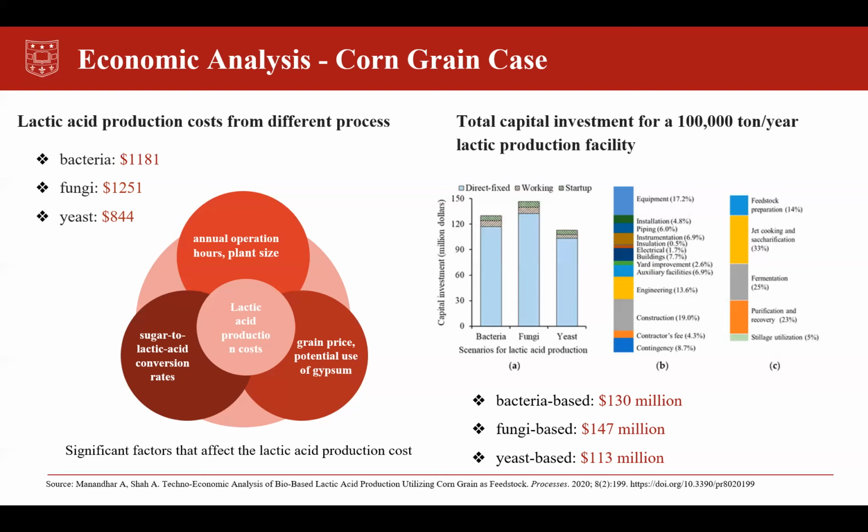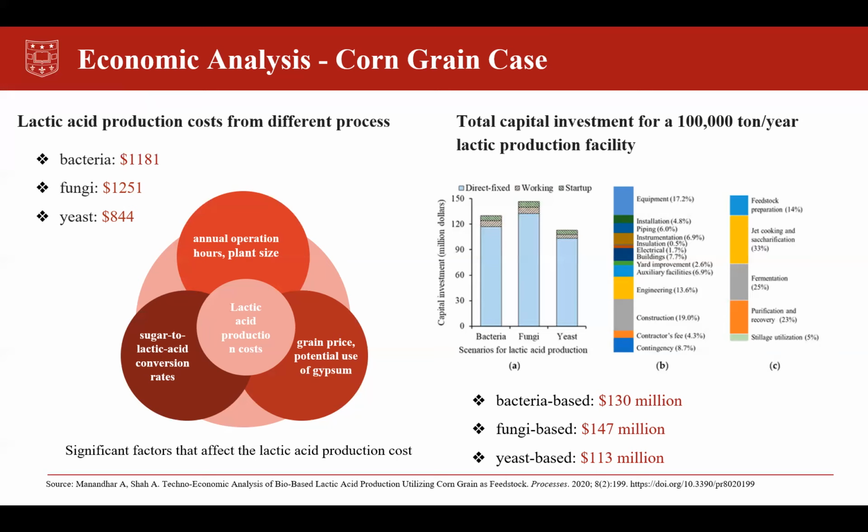For feedstock, the yeast-based fermentation pathway required the lowest feedstock quantity due to a higher glucose to lactic acid conversion rate, but the fermentation step required similar amounts of nitrogen sources for all three pathways. The nutrient requirement was slightly higher for the fermentation pathways using bacteria and yeast than fungi.